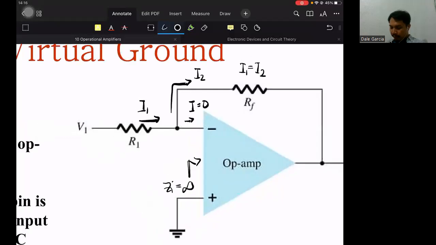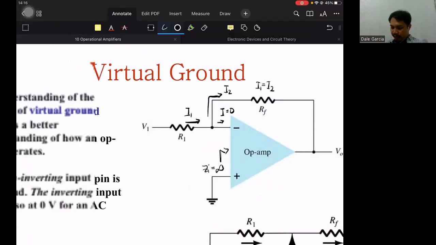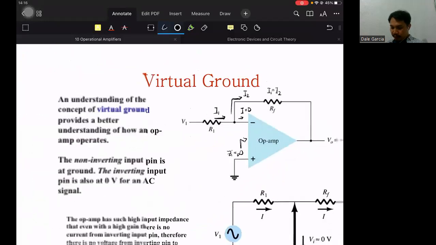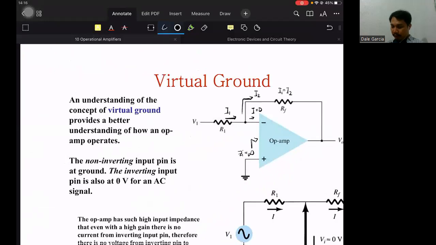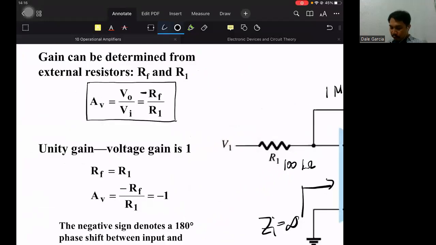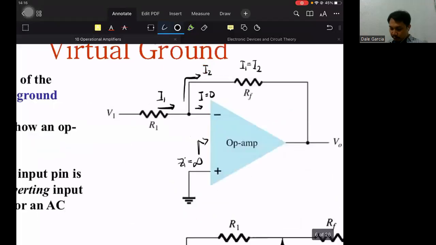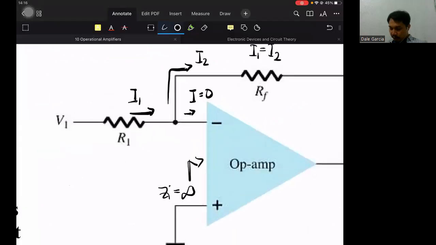And based on that concept, we can derive the formula for this. Where does this formula come from? It is a virtual ground because it is as if there's a ground connected to this node.